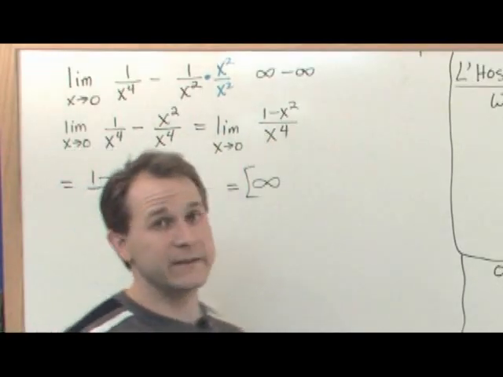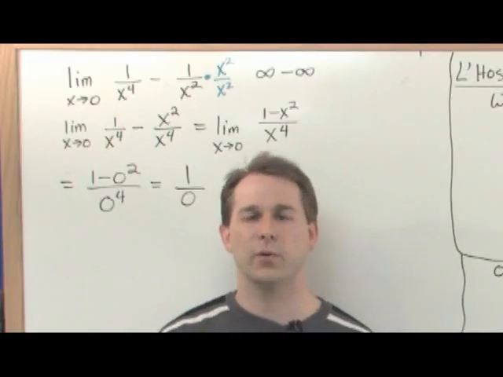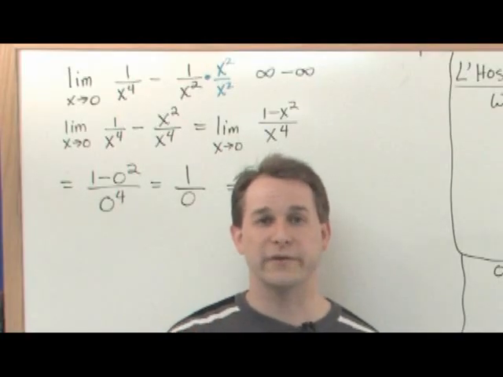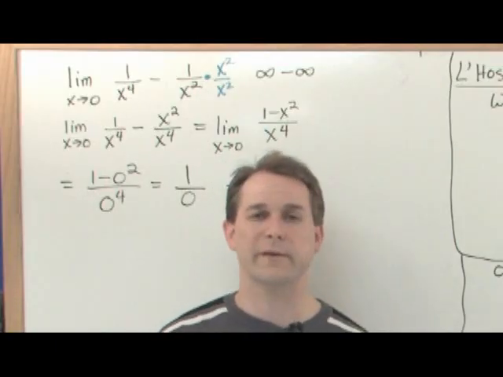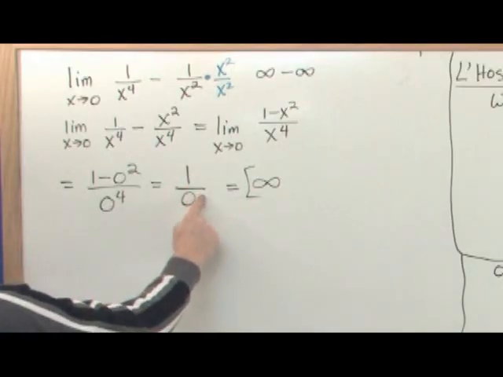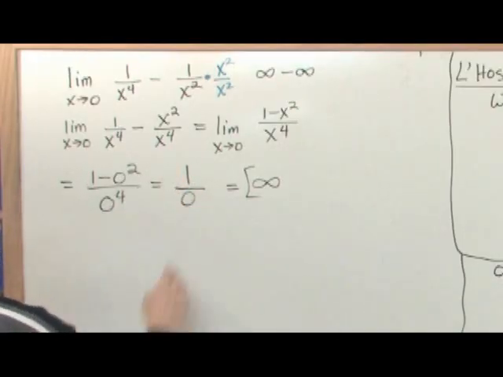Indeterminate form just means that you have 0 over infinity or 0 over 0, infinity over infinity, or any other of these indeterminate forms. It means you can't evaluate it. But when you get down to a point where you have 1 divided by 0, you know this is going to go to infinity because anything divided by 0 is infinity.